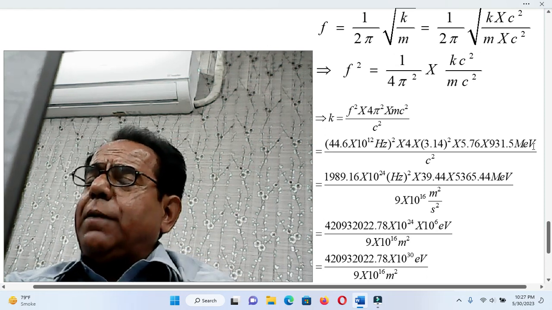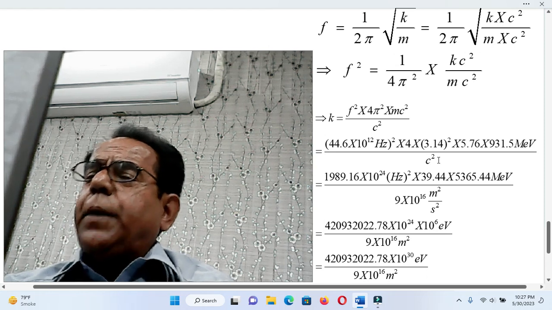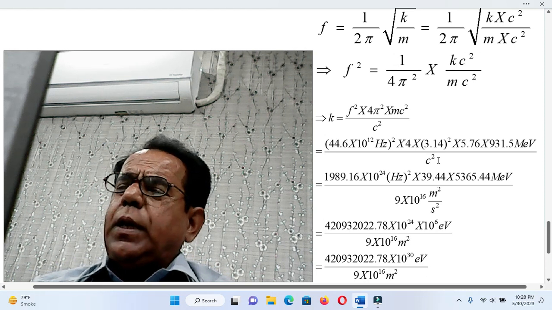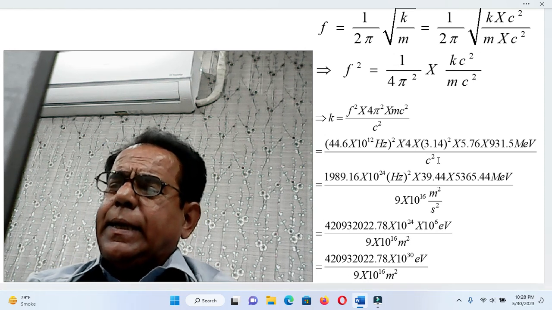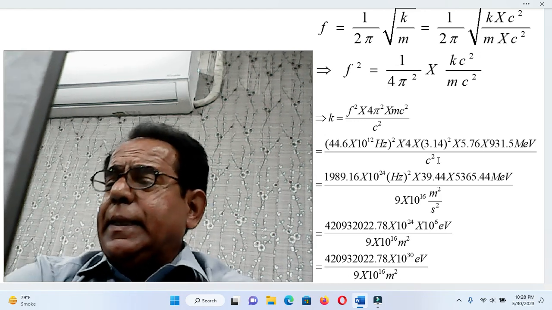We have written this c square in this form. So nothing unusual, nothing not understandable. Everything is quite clear and easy to understand.